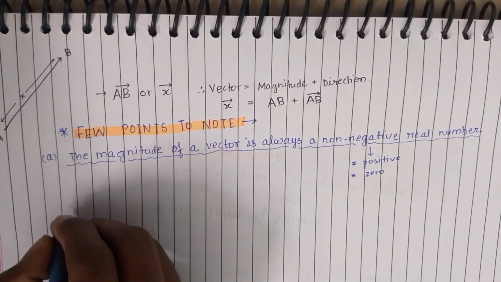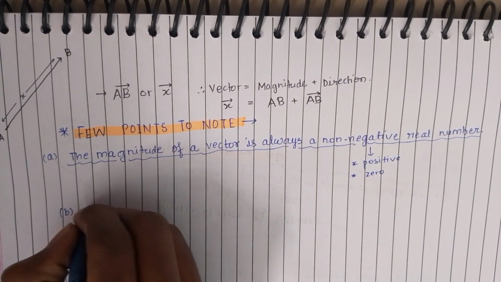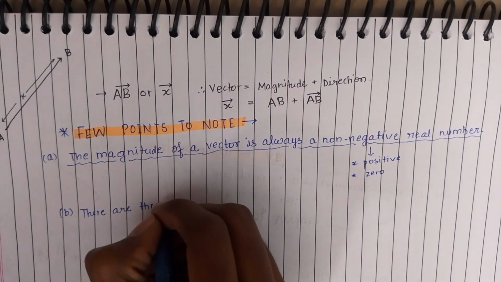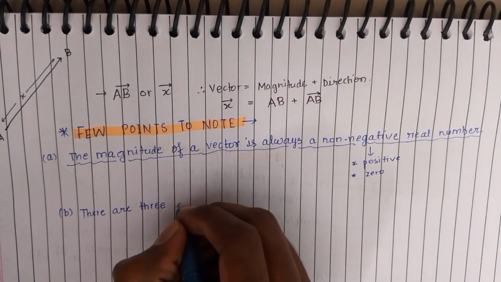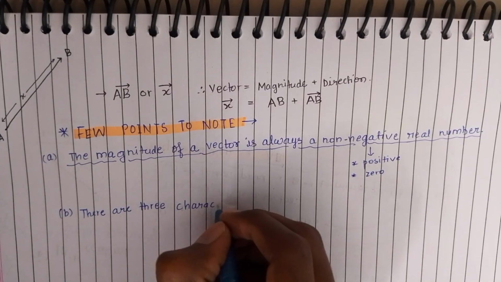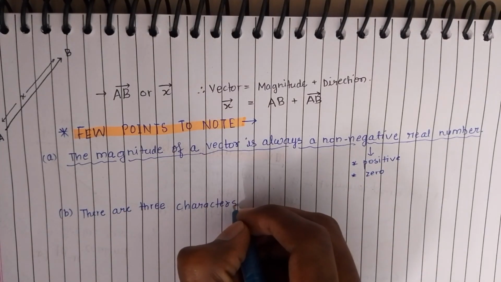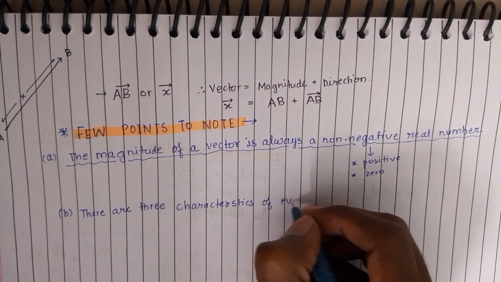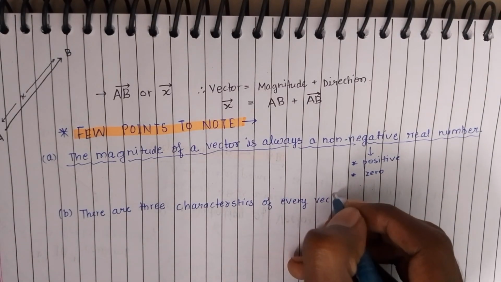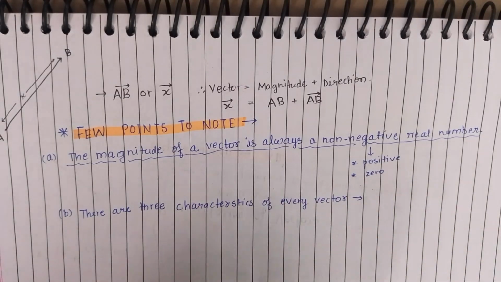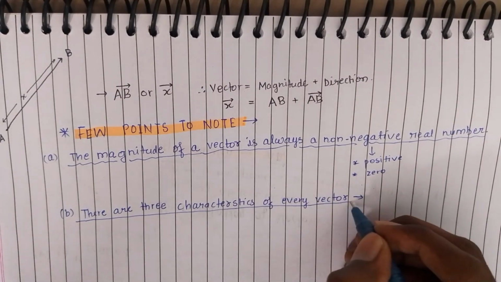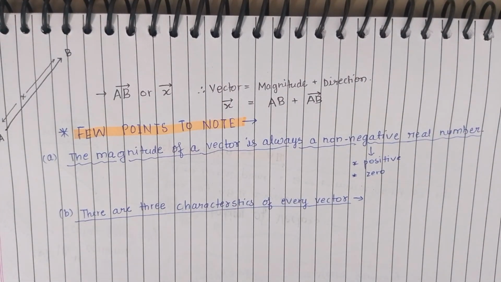Second, there are three characteristics of every vector. Every vector has got three characteristics. What do we mean by characteristics? Every vector has these three identities.